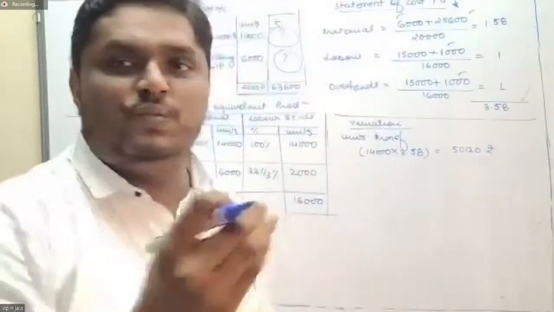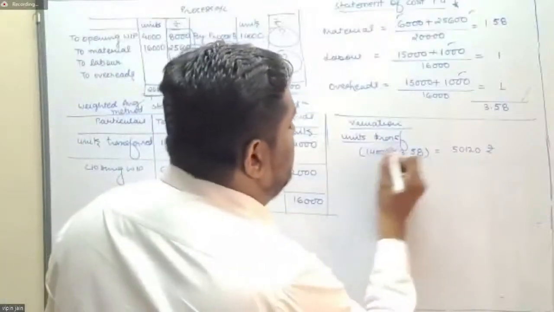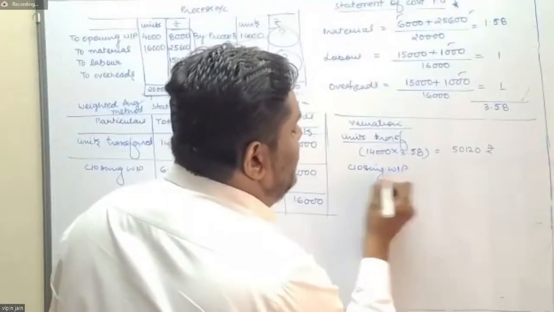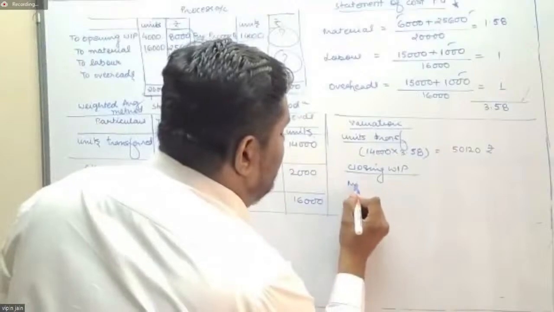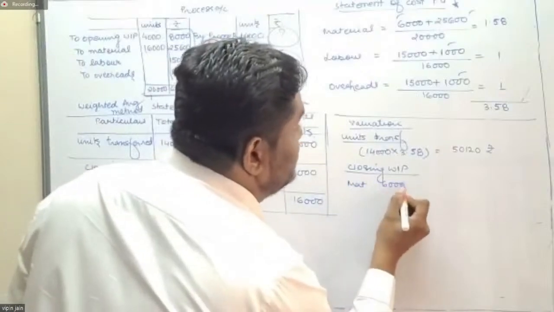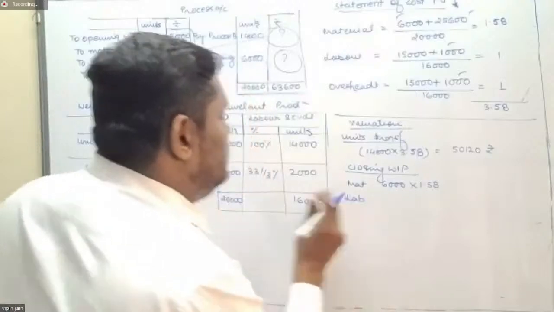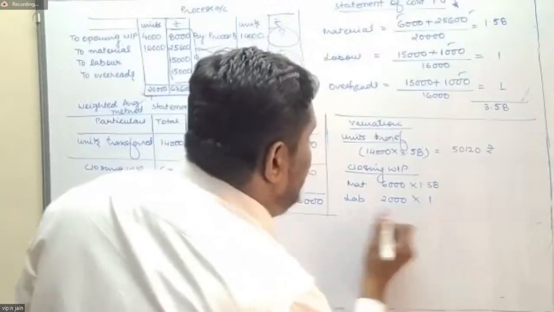This method is much simpler than the FIFO method. When talking about closing work in progress, the material equivalent number of units is 6,000 into 1.58. The labor equivalent number of units is 2,000 into 1.